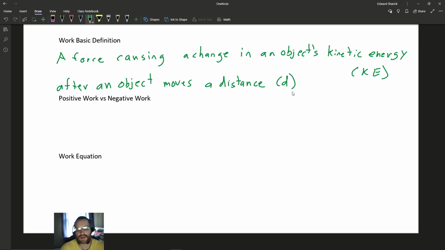All right, so basically the force is going to move the object.